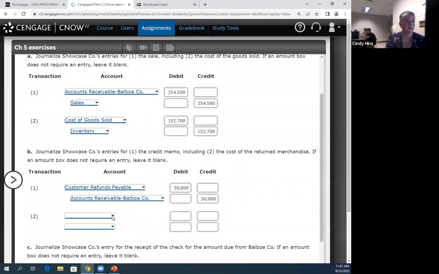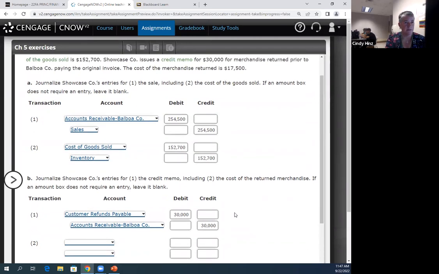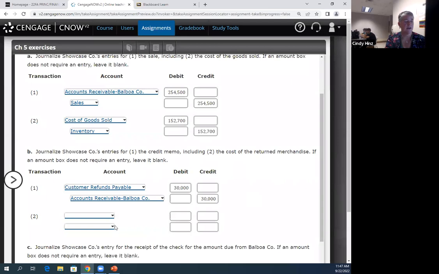And then the other part is that we receive that merchandise with a cost of $17,500. So we're going to add that back to our inventory. And we're going to reduce the estimated returns inventory, which is an asset for us.